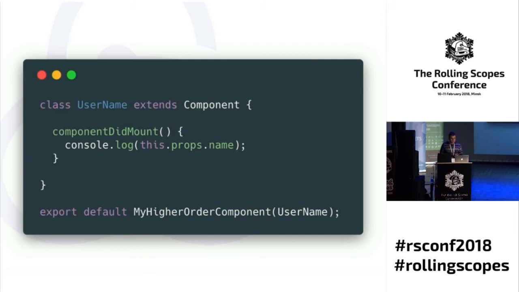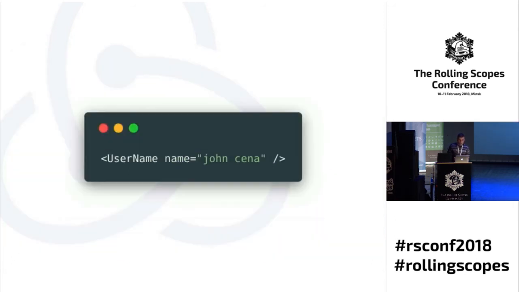For example, in this example, we don't know exactly from where the name prop comes. Maybe from my higher order component, or maybe we just pass this prop to the component in the parent render. And from that point, the real problems begin. We lose control over our application and start to spend hours finding the place from where the prop has come.